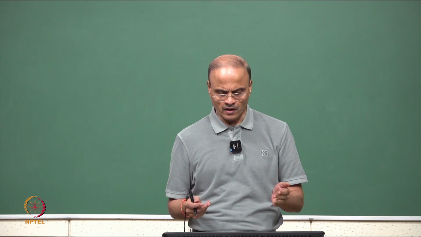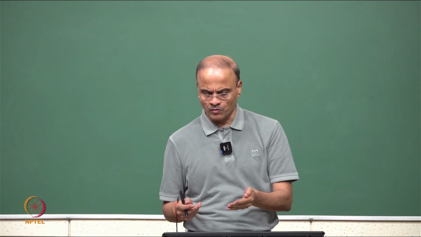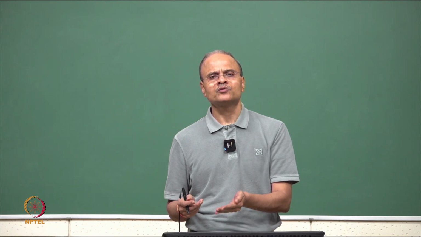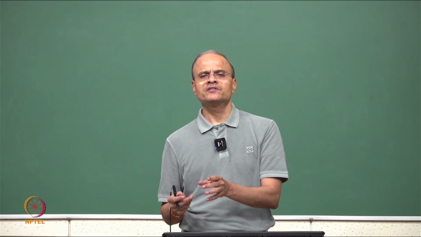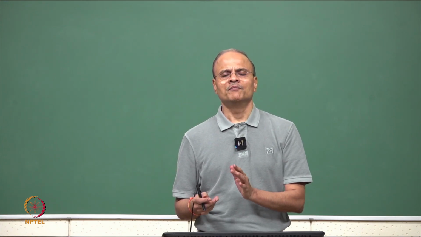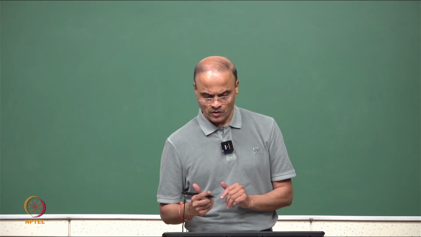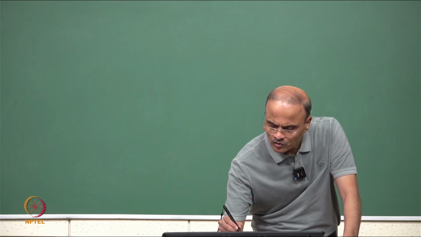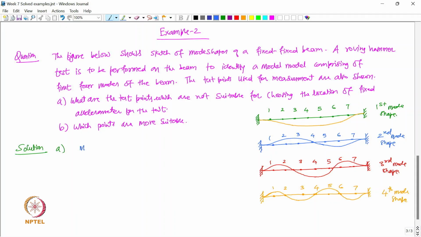So, what we should do is look at each mode shape and identify the points which coincide with the nodes of that mode, and those points are not suitable for measurement of those modes, right. So, let us do that. First we write down the point which is not suitable. If I write here mode, and here the node of that mode, and then we can write our comment here, okay.